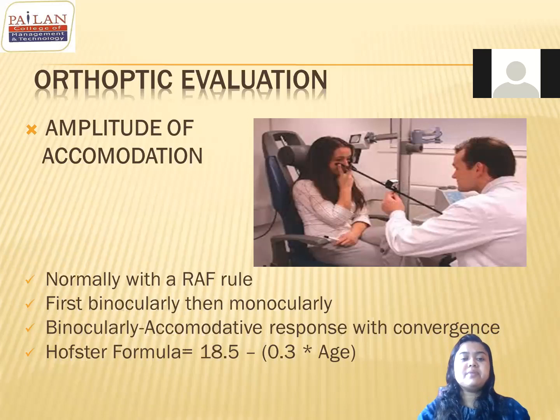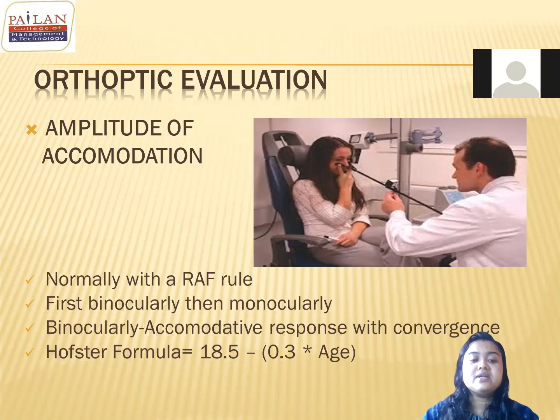For measurement of amplitude of accommodation, we compare it with Hofstadter's formula. How can you be very sure that it corresponds to the age of the patient? If the age of the patient is 15 years, what should be the correct amplitude of accommodation?